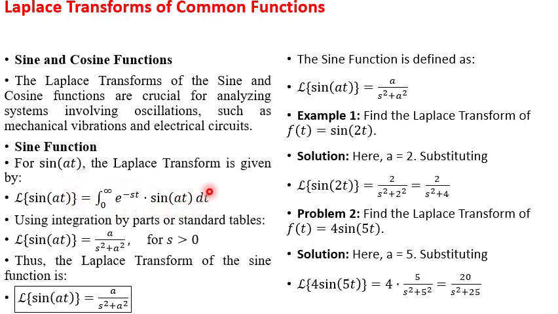What we do here is just use integration by parts, and when we integrate these, taking the limits from 0 to infinity, the Laplace transform of sine at becomes a all over s raised to power 2 plus a raised to power 2, and that is when s is greater than 0.